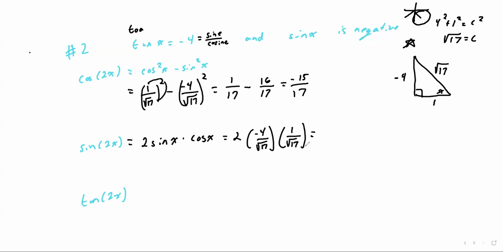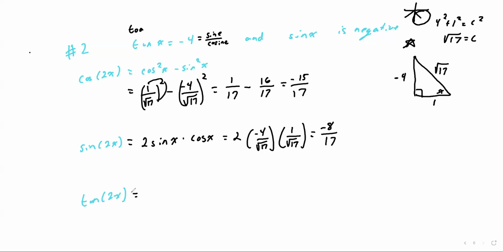So again, do the rationalization at the end, save yourself some work. Because what I can see here, I multiply straight across. So 2 times -4 times 1 gives me -8. Square root of 17 times square root of 17 just gives me 17. So I now have the double angle for sine, which is -8 over 17.